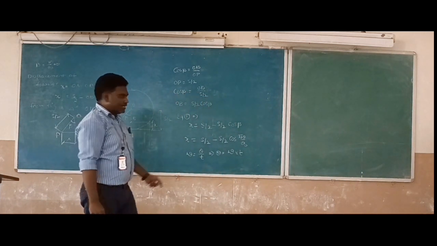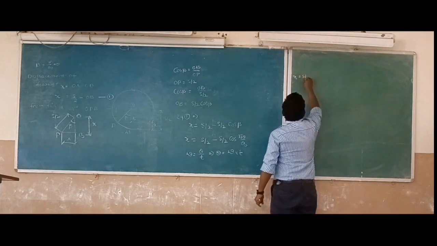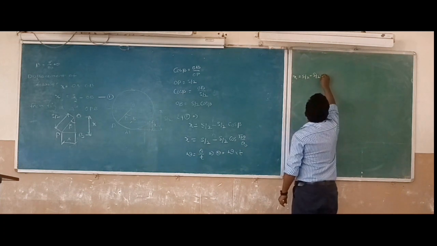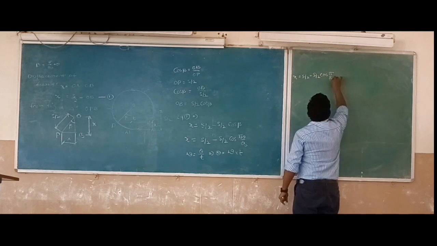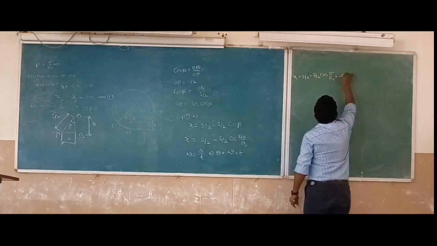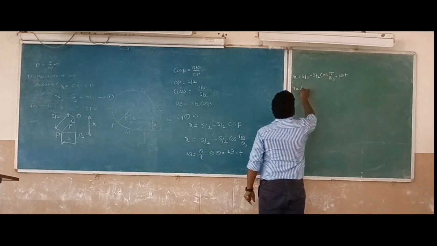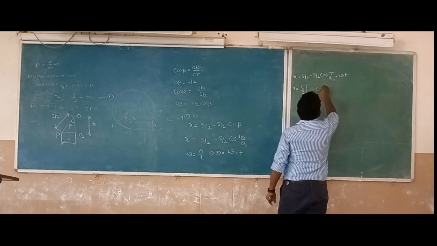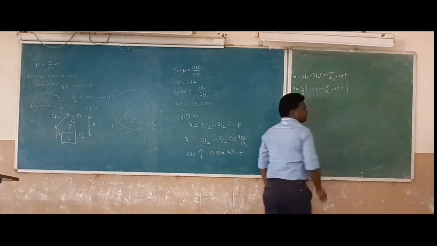So x is equal to S by 2 minus S by 2 cos pi by theta naught into omega t. Taking S by 2 as common from the equation: x is equal to S by 2 into 1 minus cos pi by theta naught into omega t.